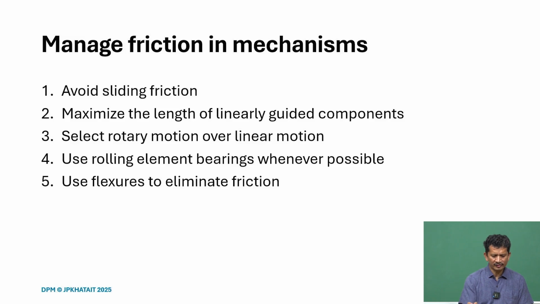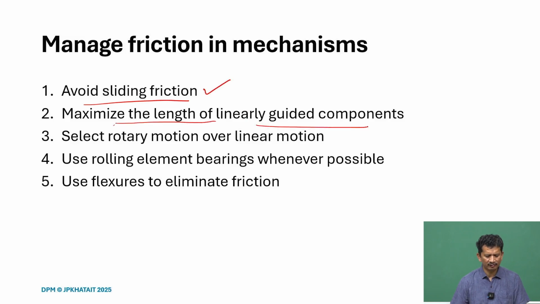The reason is the nature of the way the two surfaces come in contact and the friction is defined; that creates a lot of problems and there are a lot of uncertainties that give rise to a lot of issues, and therefore, we try to avoid any kind of sliding friction, sliding contact.